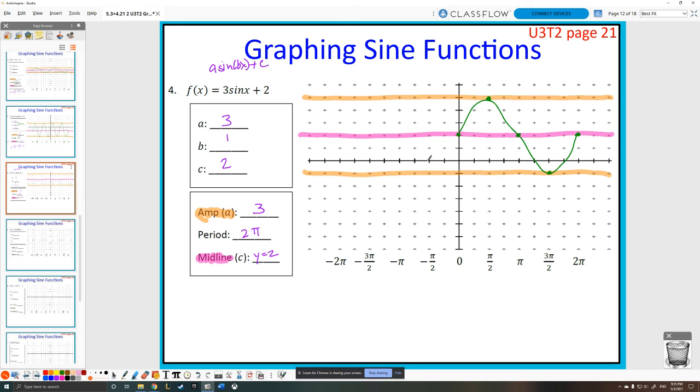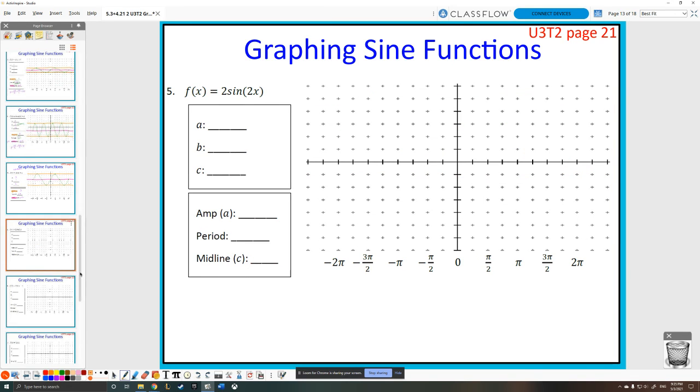And then going the other direction, I'm going to go to my minimum first, then my midline, then my maximum, then my midline once again. Okay, and again, you can see this B tells me there's one wave from 0 to 2 pi. And in fact, there is only just this one wave from 0 to 2 pi.